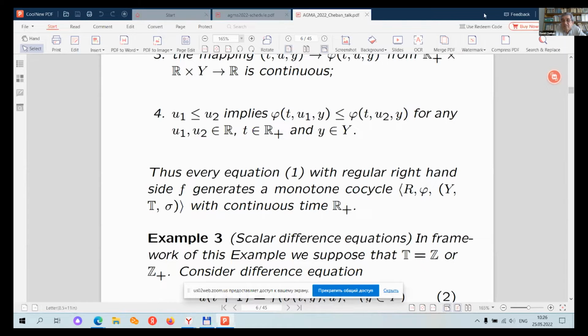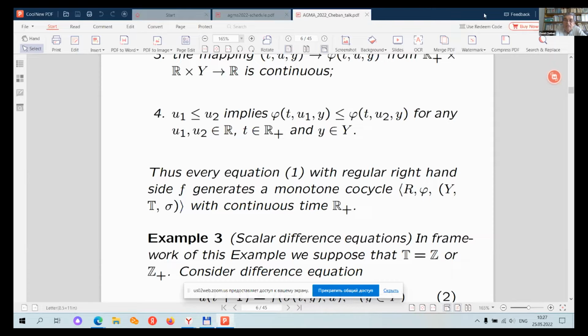Then phi, which is the solution or motion generated by equation 1, and the dynamical system (Y, t, sigma), which sometimes is called a base or driving system for the non-autonomous equation 1. This triplet, where the function phi possesses properties 1 to 4, is called a cocycle, shortly phi, over the autonomous dynamical system (Y, t, sigma).